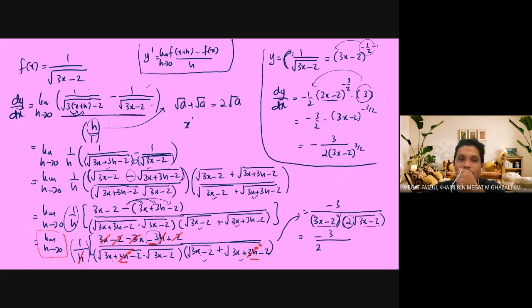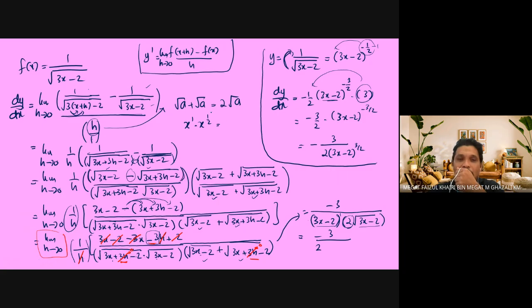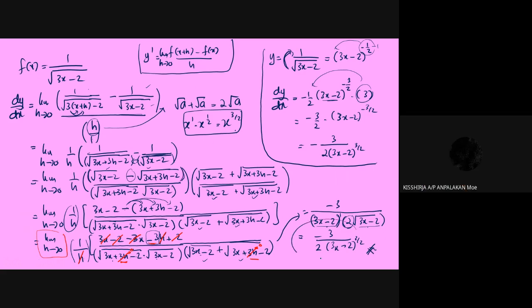Okay, x power of 1 times x power of half equal to x power of 3 over 2. Okay, can we implement this here? Yes. So 1 plus half, 3x minus 2 to the power of 3 over 2. That's it.